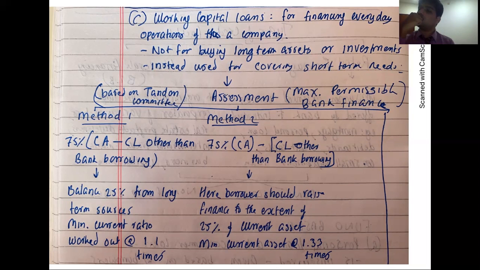Suppose it takes almost 90 days for realization and almost 30 days for processing. So 90 plus 30 is 120 days it will take for realizing the money, because stock is lying for 30 days, and after selling it will take 90 days for realization.